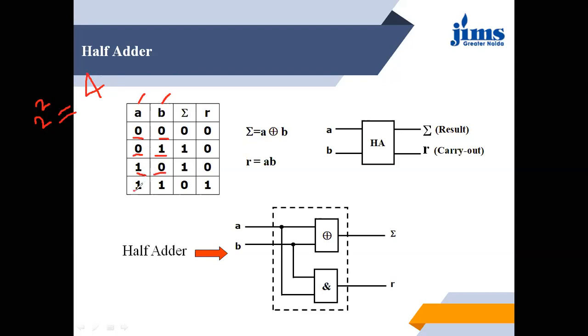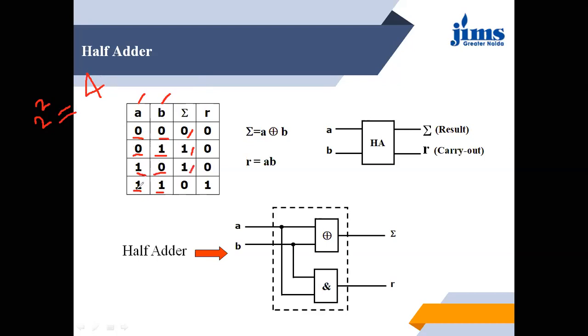So these are 4 different possible combinations. So I want to add these numbers now. So 0 plus 0 is 0, no problem. 0 plus 1 is 1, no problem. 1 plus 0 is 1.